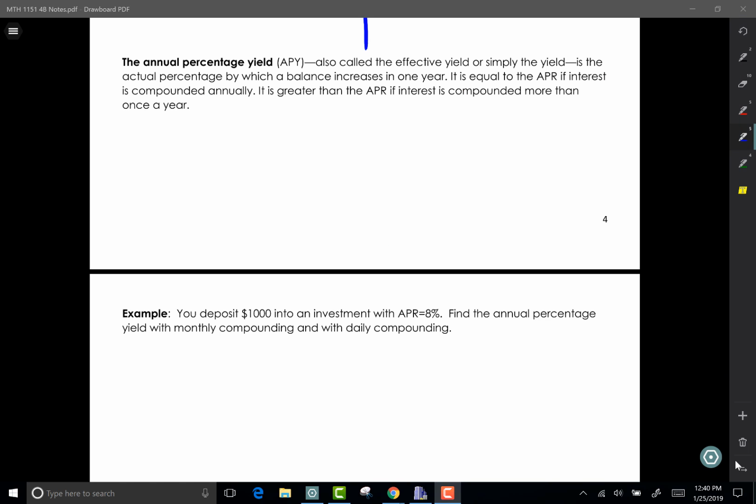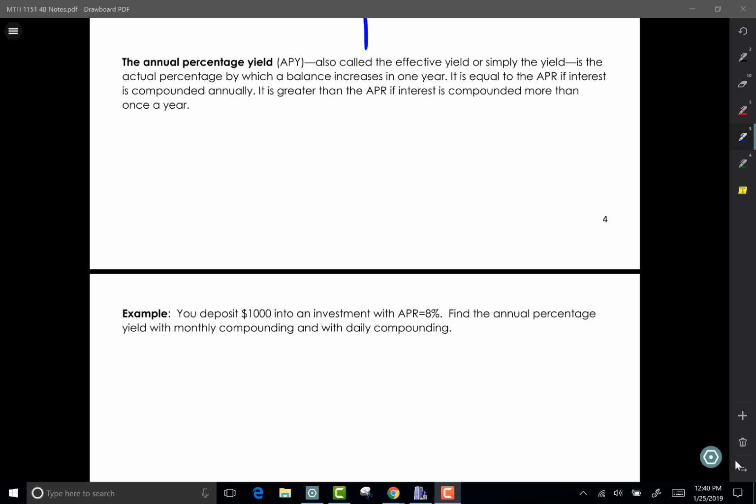Okay, now let's talk about the annual percentage yield. This is different from the APR. And what happens is if we're using compound interest, in 1 year, money can grow more than actually the percentage that we have for the yearly percentage, the APR.